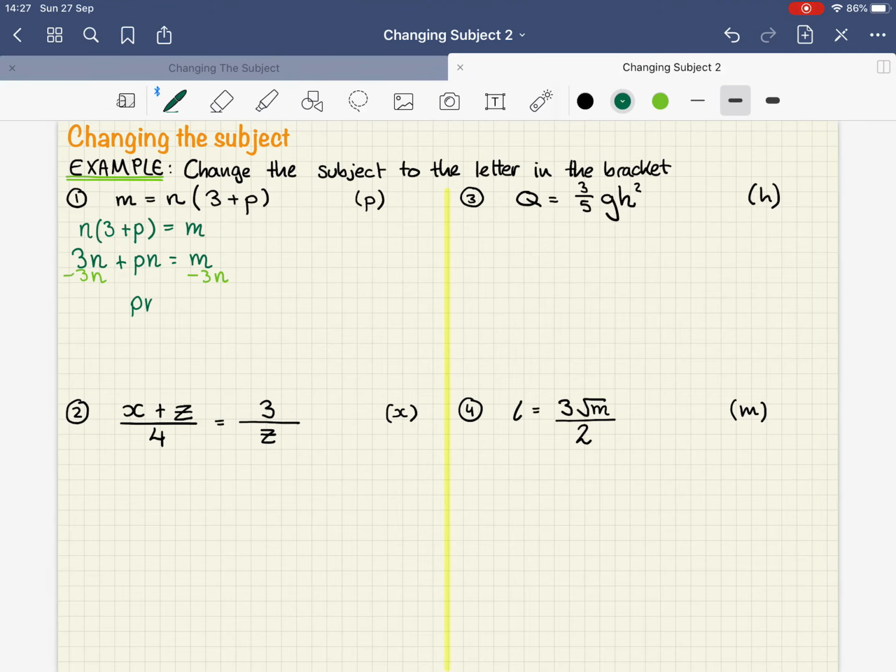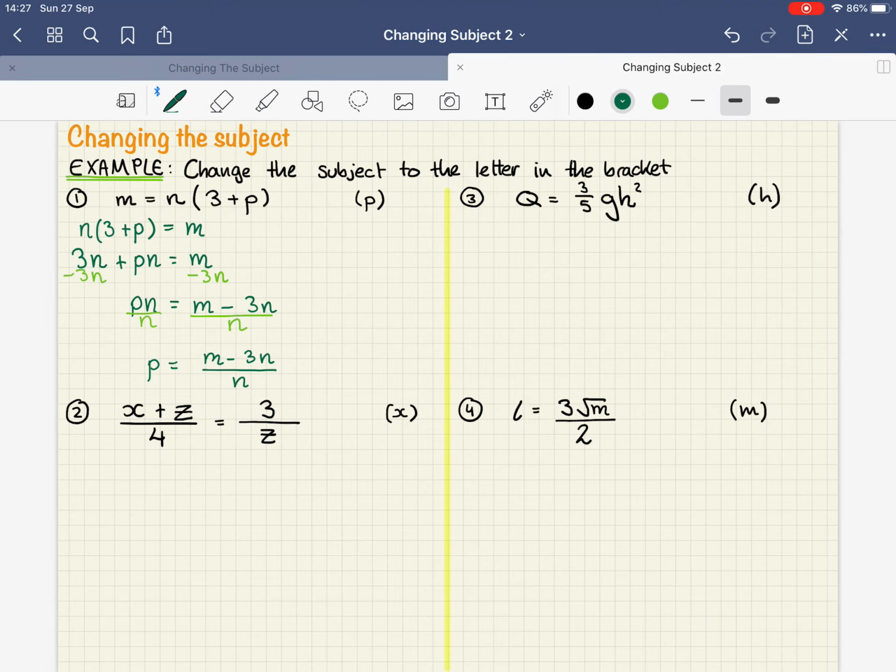So I now have Pn equals m minus 3n. And then I just need to divide that n away from the P to give me a final answer of P equals m minus 3n all over n.